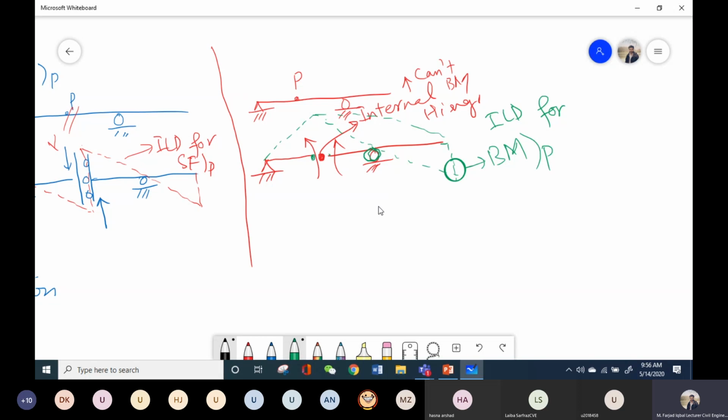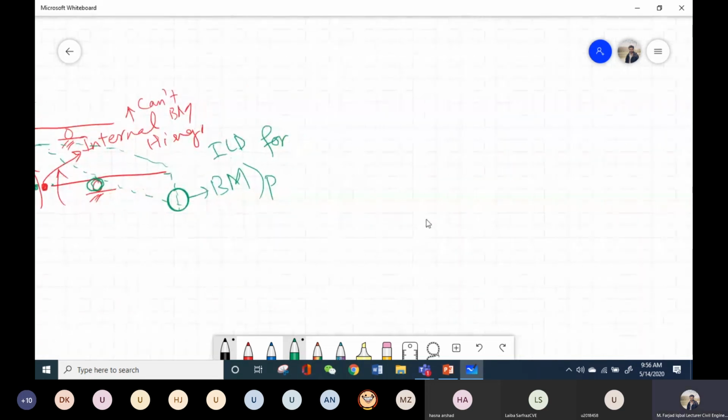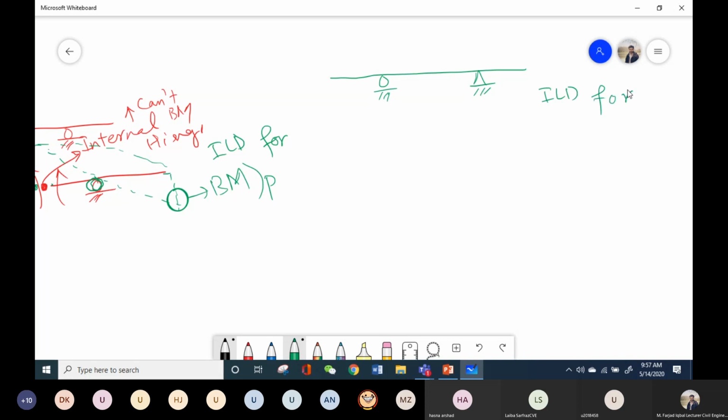Okay, let me give you another question. Let's say I have this beam and I want to plot the ILD for shear force at P. So what will I do?